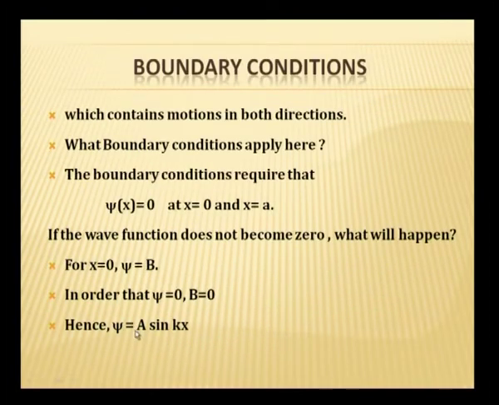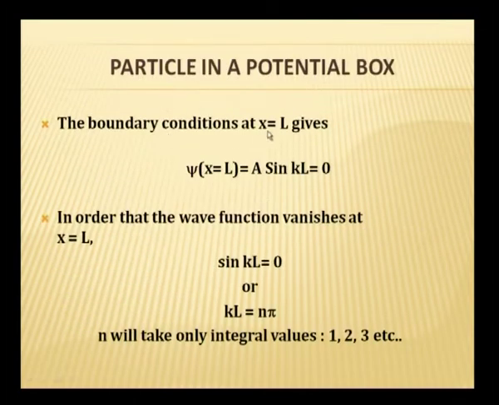So, you take this particular thing, sin kx. Now the boundary condition at x equal to L. So far I have been talking about x equal to 0. Now you go to the other edge of the box, x equal to L. At x equal to L, psi will become equal to a sin kL. At both end points, psi should be equal to 0.